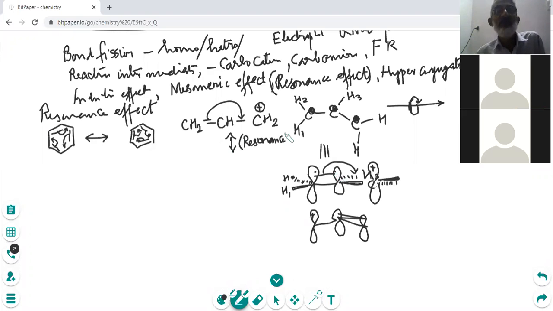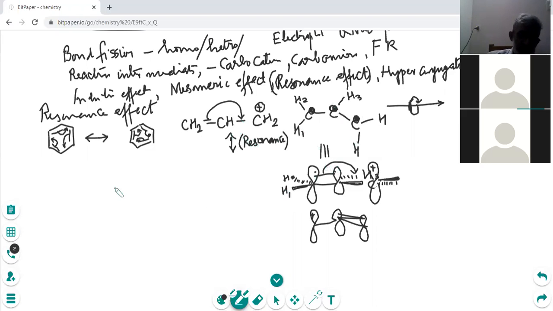And you have to remember, resonance effect involves pi electrons, not sigma bonds. You should never break a sigma bond. A single bond should not be broken during the resonance effect. Single bond means sigma bond.